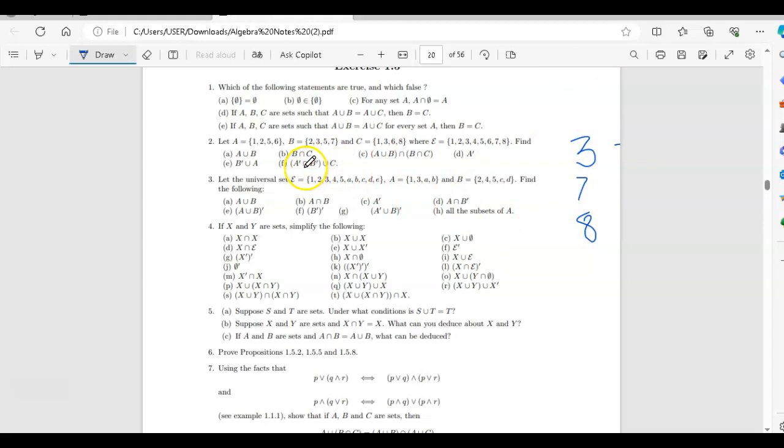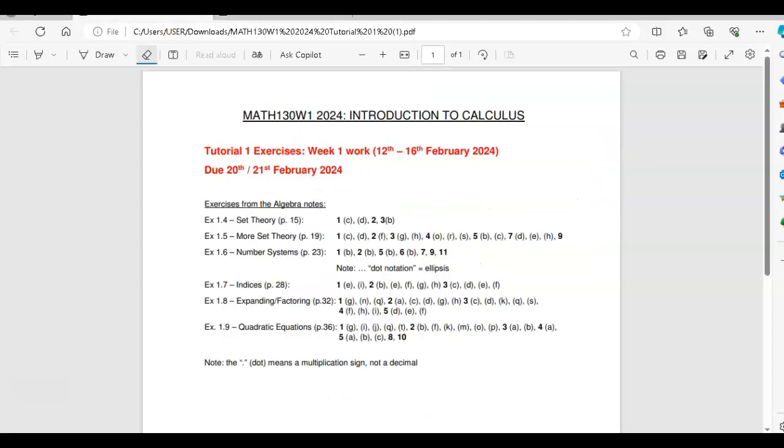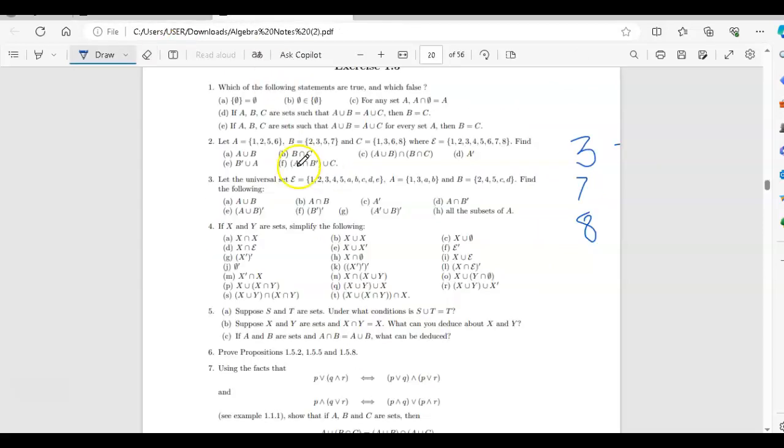Now, which question were we doing? 2F. So not A and not B. What is not B? We finished not A. Let's do not B. We're not looking at the sign yet, we're just saying not B. So not B will be anything besides this.